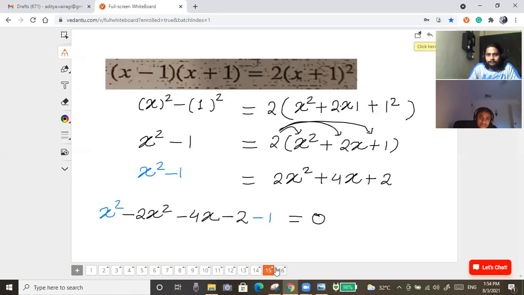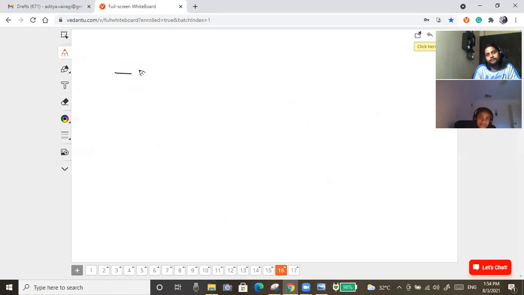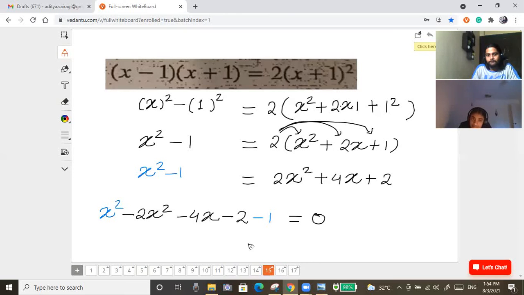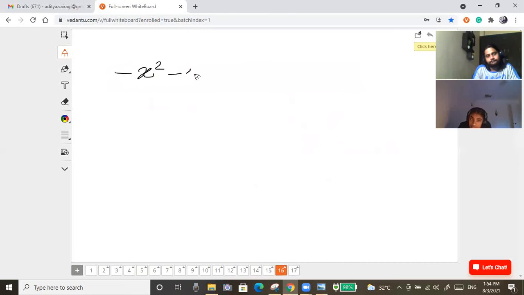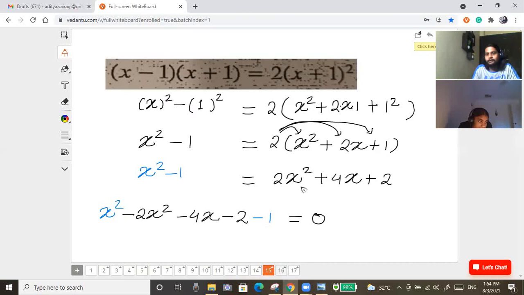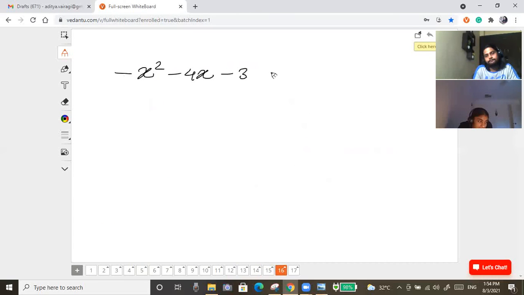Okay, then we simplify this. x squared minus 2x squared is just negative x squared. Negative 4x, negative 2, negative 1 is negative 3. Now see, it looks awkward. All the terms have the negative sign. It's better to multiply with the negative sign at both the sides in order to get rid of these many negative signs.